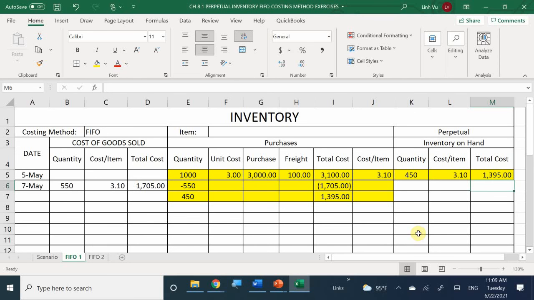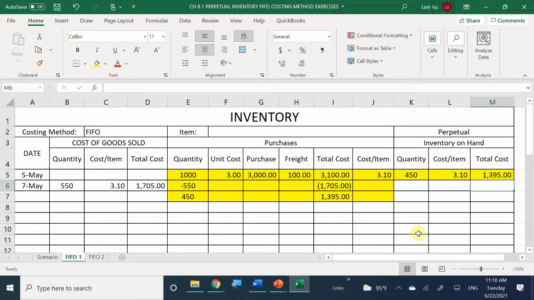It would be the 450. Right, but in this context, the date I placed there is looking for my purchases, my purchase of 1,000. That's what that date is correlating to.